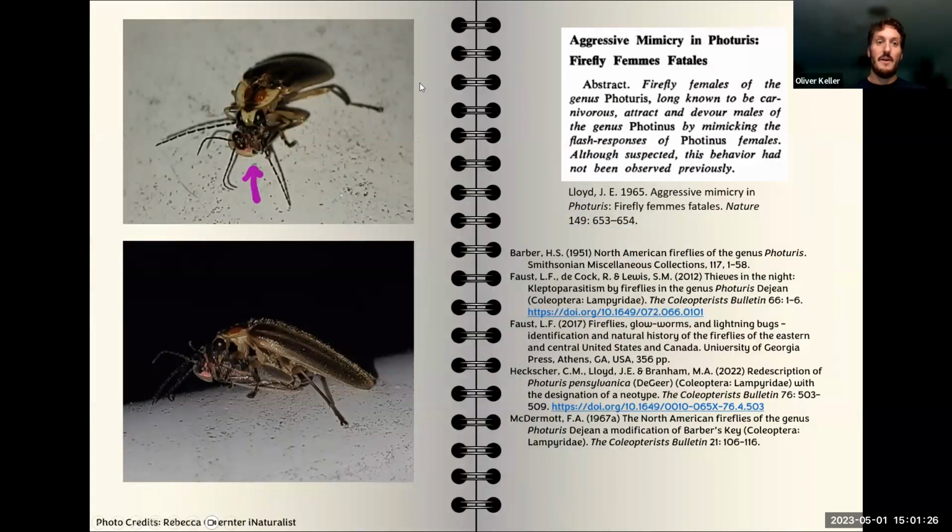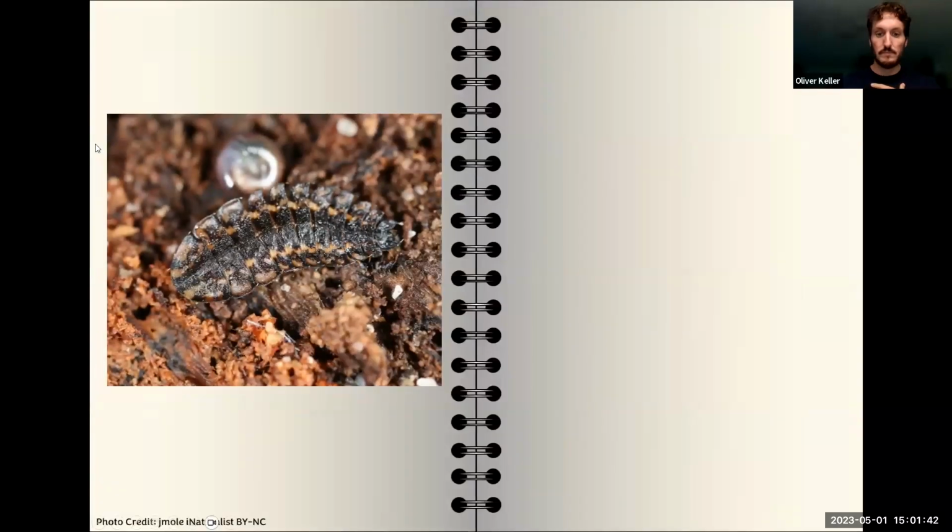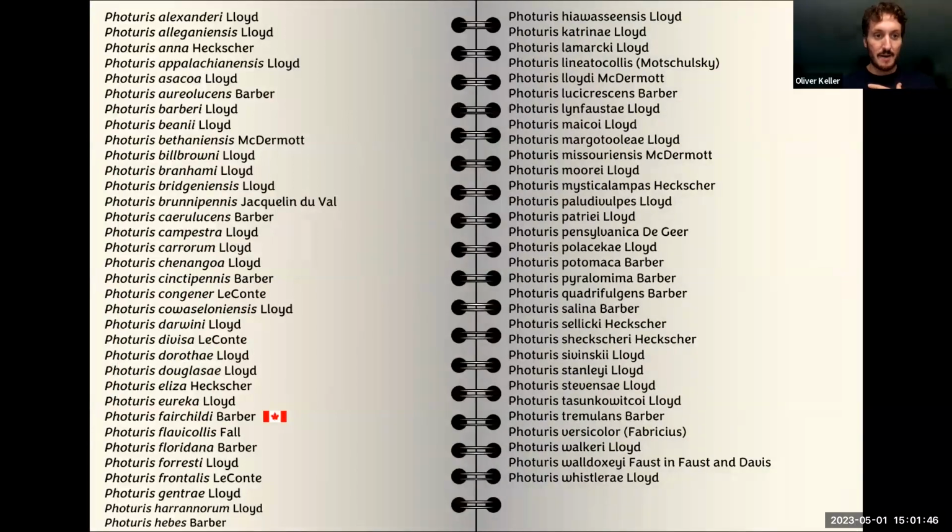Photuris is also an amazing genus. They actually feed on other fireflies, mainly on Pyractomena and Photinus. Here are a couple of pictures where they have a couple of prey items.